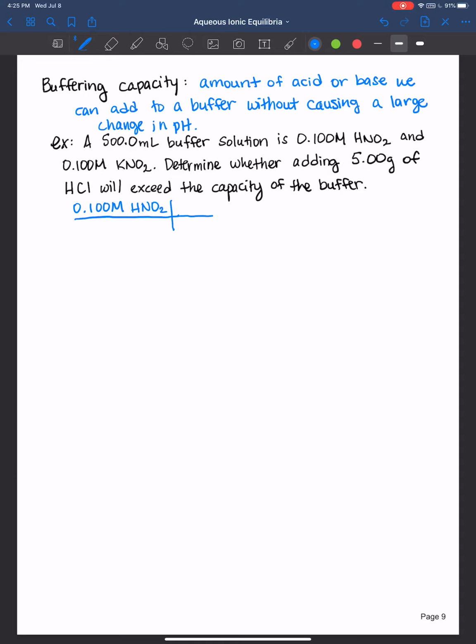And actually, let me make this look a little bit nicer so you can see the units cancel out. So moles over liters, that's molarity. I'm going to multiply it by 0.500 liters, technically it's 4 sig figs. And so liters cancels out.